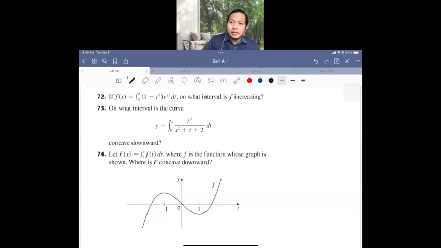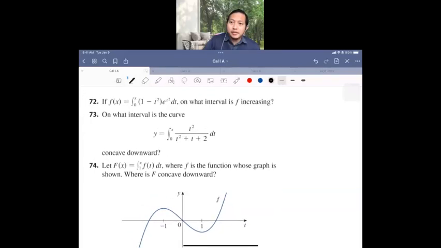Okay. For example, we can start from number 72 here. Let's start from 72. We have a function that is stated as the integration from 0 to x of 1 minus t squared, and then e to the power of t squared dt. And it's asking on what interval the function is increasing.